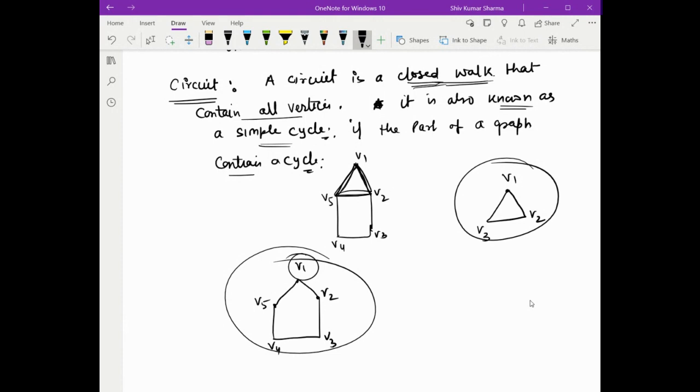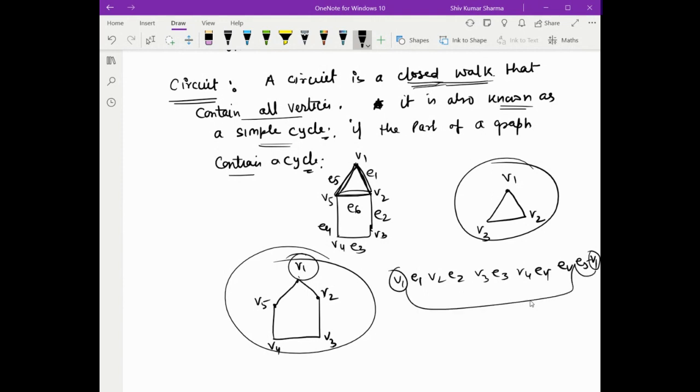So in circuit we make a sequence because we give the names of the edges, E1, E2, E3, E4, E5 and E6. So we make a sequence: V1, E1, V2, E2, V3, E3, V4, E4, V5, E5 and V1. Here we see that the initial and terminal ending vertex are the same.